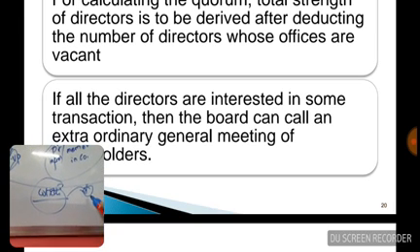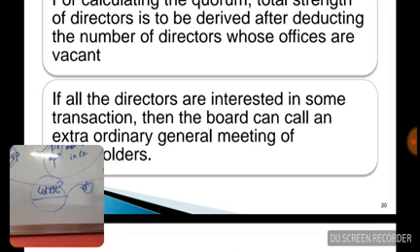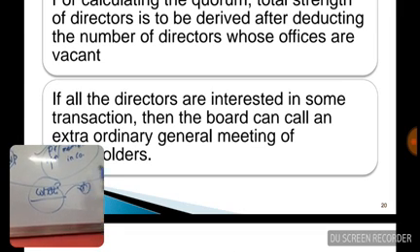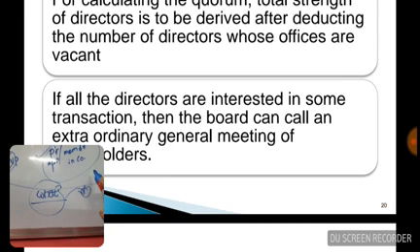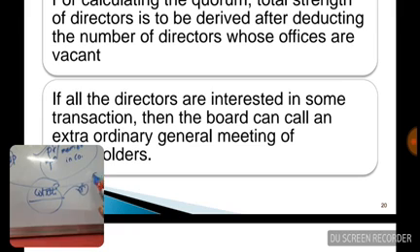The interested directors should not participate in the transactions which the company is going to enter with these types of interested directors' companies. That means they won't be allowed to participate in the board meeting. Decisions can be taken by the non-interested directors.